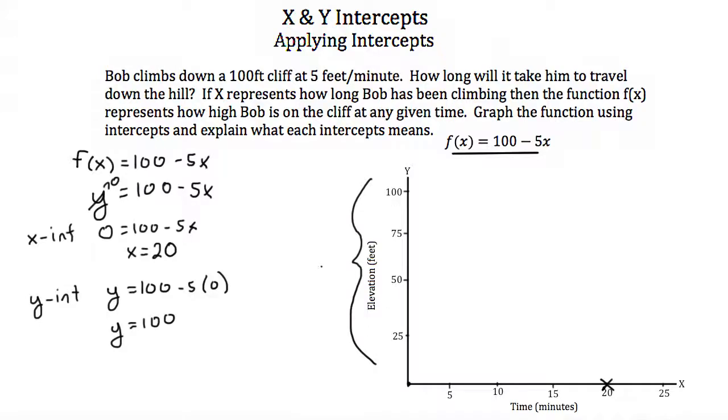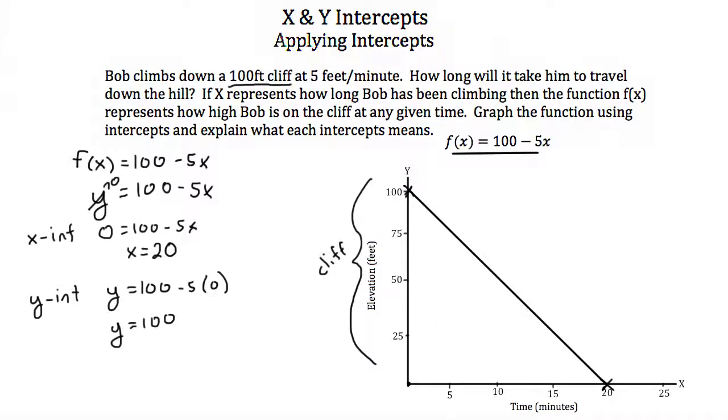Well, if this is our cliff, and our y-intercept is at 100, and we know the cliff is 100 feet tall, then our y-intercept in this case would simply just be the top of the cliff. So to connect the dots and see our linear equation, we can find out at what point Bob is on the cliff at any given time.